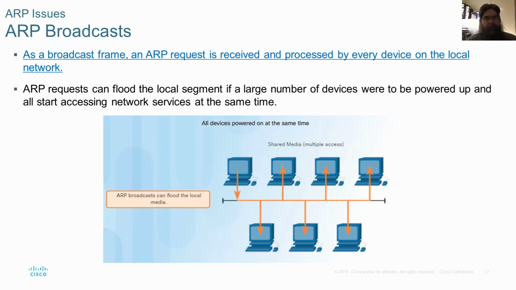So the ARP request is received by every device because it's sent out as a broadcast, and every device on the local network needs to respond or action it. So the way it works is it picks it up, looks at the IP address. If it matches, it'll send a reply.